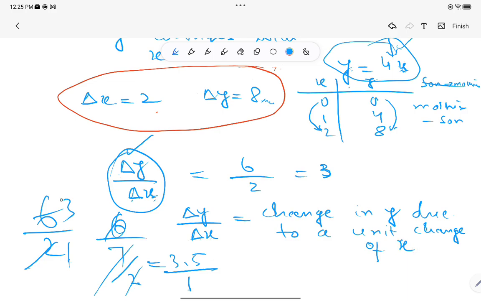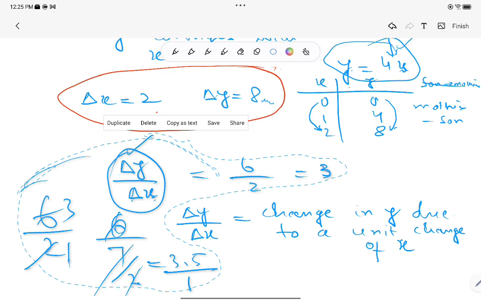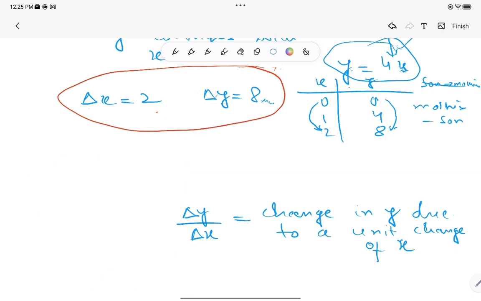See, first let me get rid of this, so that space is cleared here. And see, delta y by delta x is then the change in y due to a unit change of x.